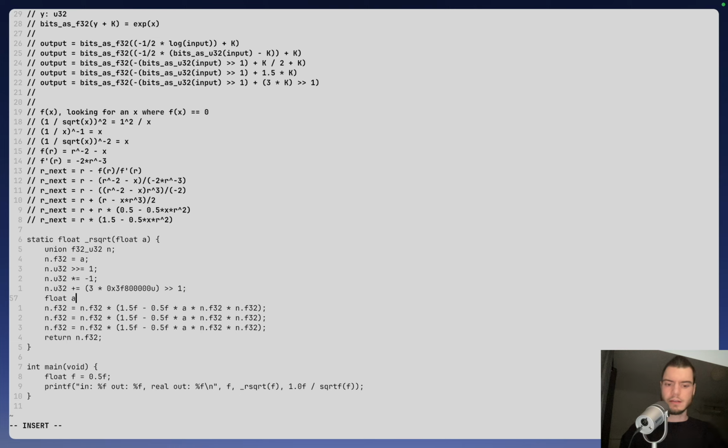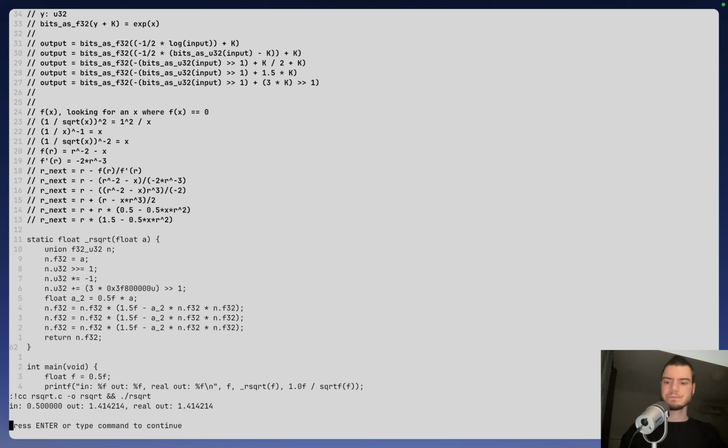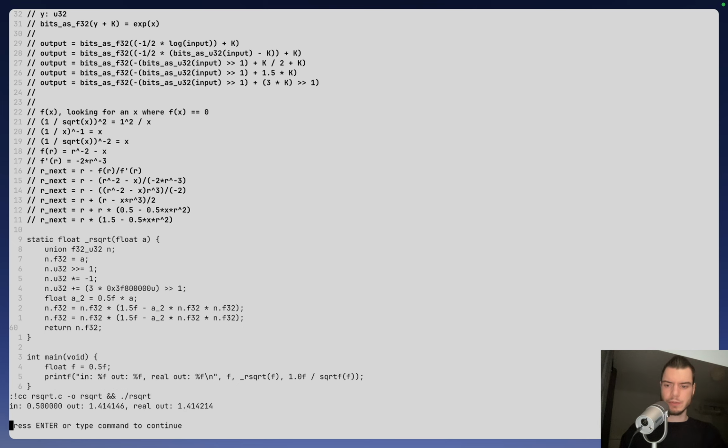So that's a divided by 2. Not that it really matters, but it is a bit of an improvement. Still the same value. Let's see how far we get with 2 iterations. Very, very close. So this is pretty cool.